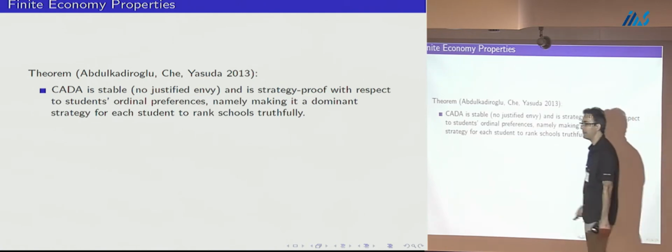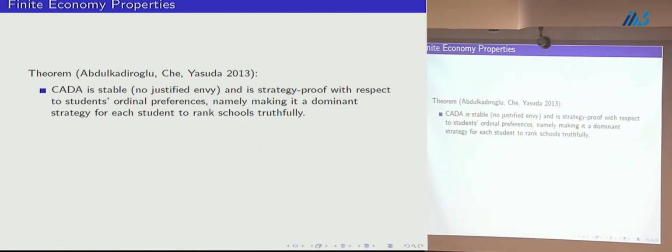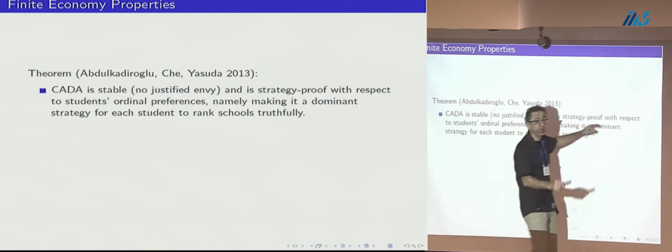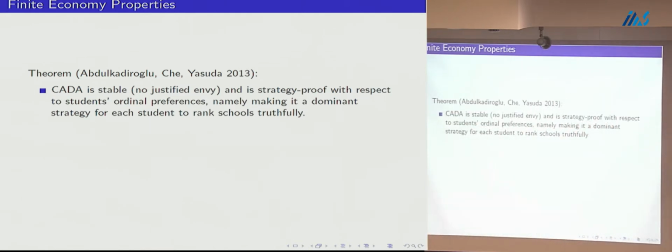So what is this good for? Well, one thing we can show is that in the finite economy, CADA is stable with respect to preferences and priorities. And actually, it is strategy proof with respect to ordinal preferences. What do I mean by this?